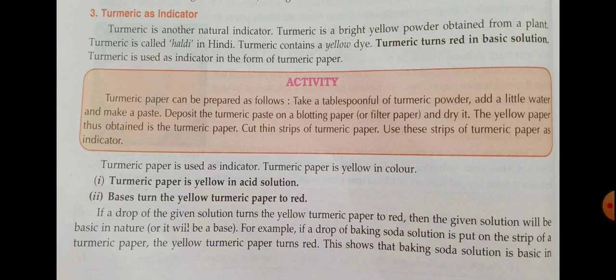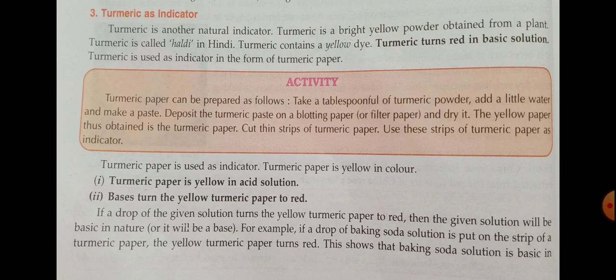Turmeric turns red in basic solution, and turmeric is used as indicator in the form of turmeric paper. Turmeric paper is yellow in acid solution, and bases turn yellow turmeric paper to red.